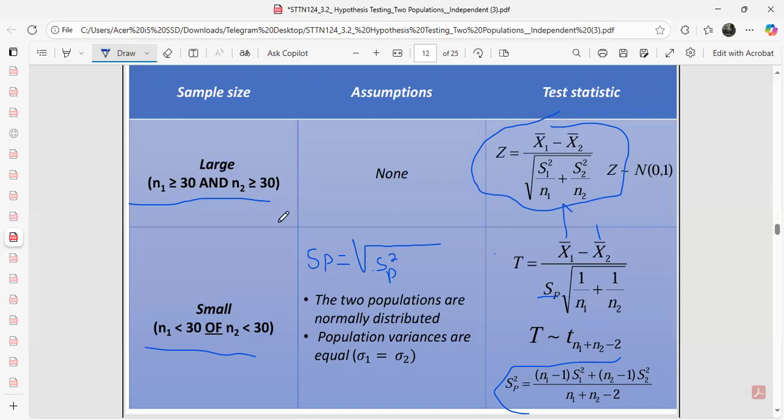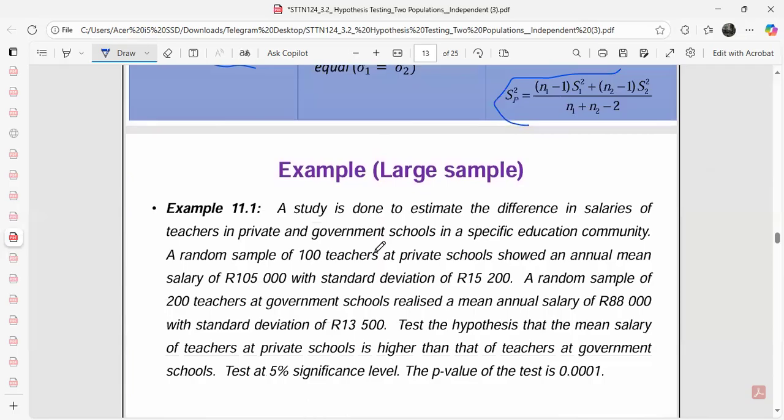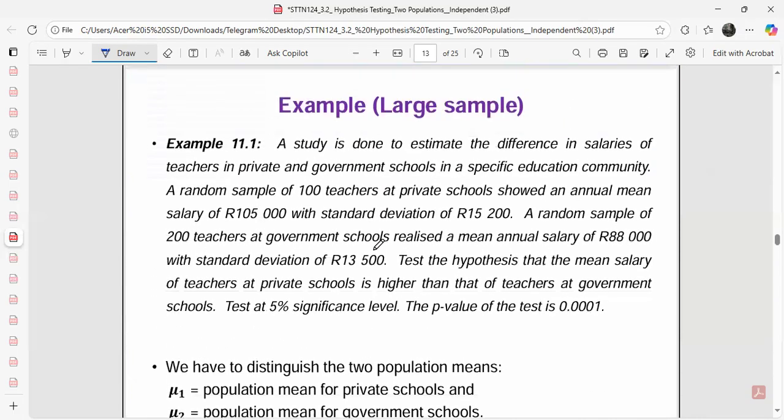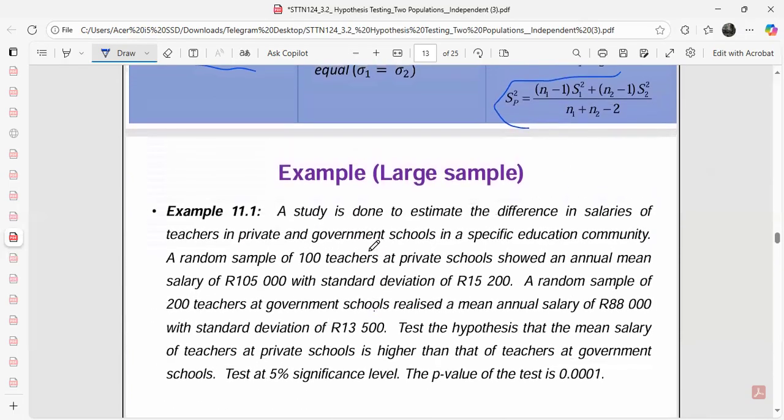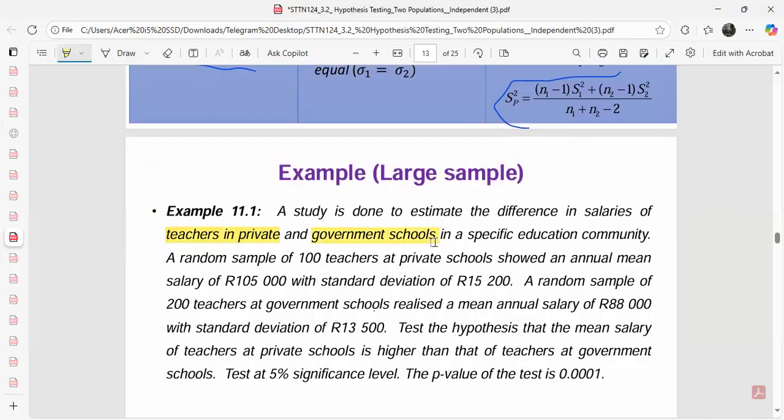Check n1 and n2. Okay, let's see. We were given the hint, but let's check here. Don't forget those steps. A study is done to estimate the difference in salaries of teachers in private and government schools in a specific education community.